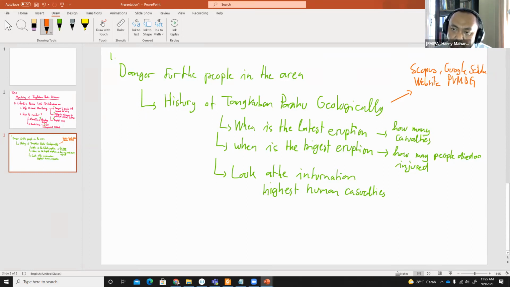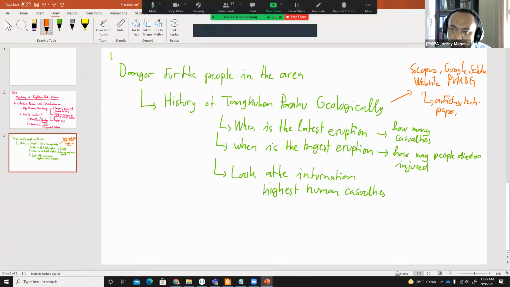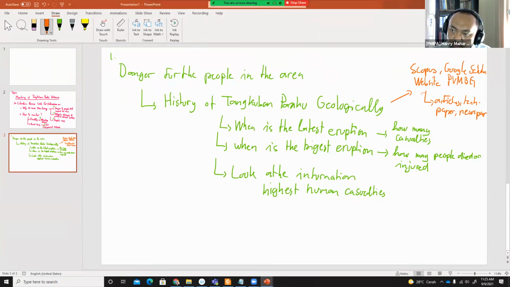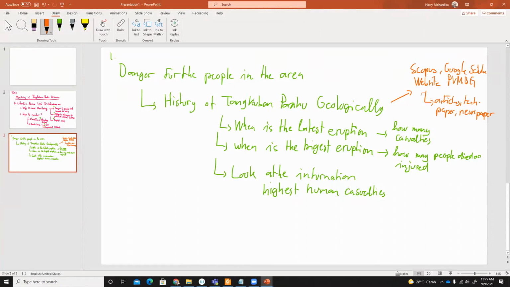We look at articles, technical papers, or newspapers, or websites. An article can be put on a website, and also newspaper, if we have that source available on the website.